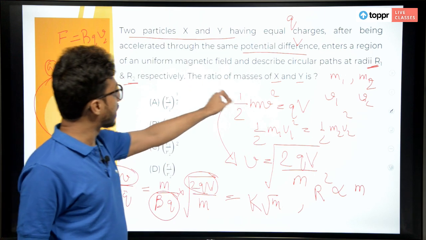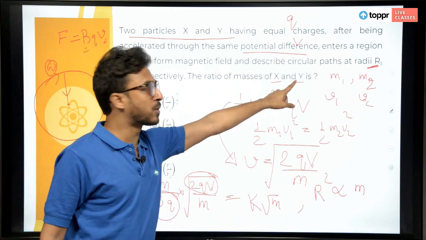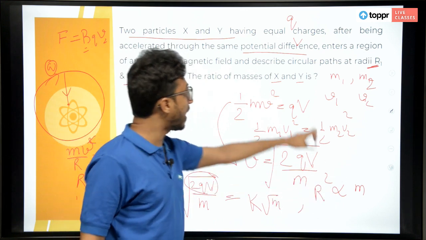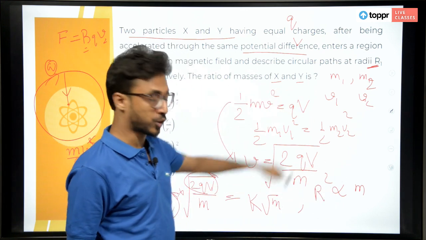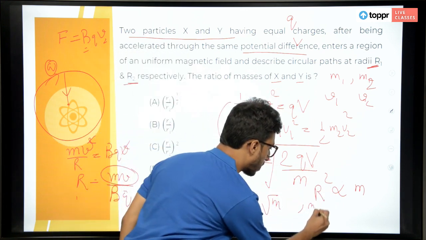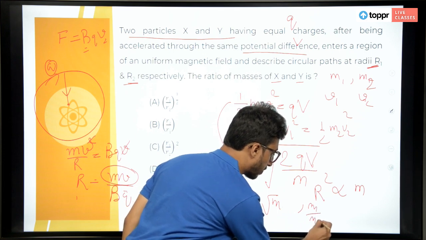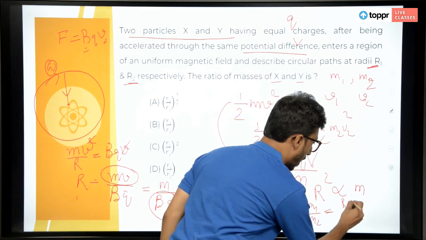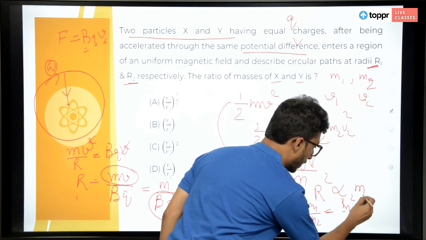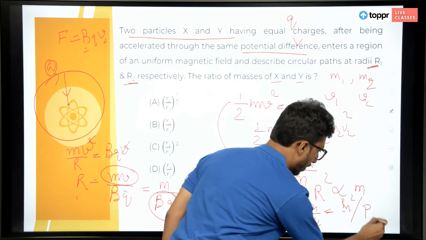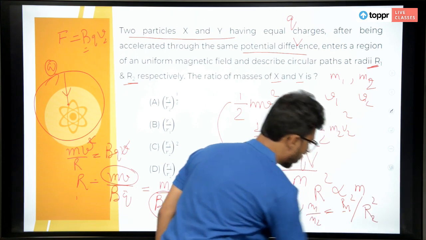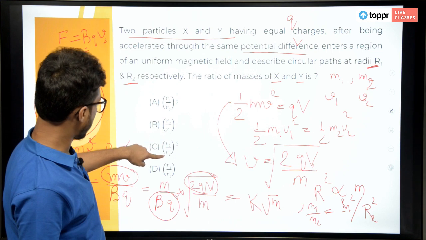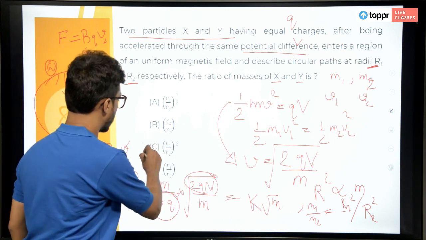So the ratio of the masses x and y, that is m1 by m2, will be nothing but r1 square divided by r2 square. Any answer? r1 square divided by r2 square. So the answer is C.